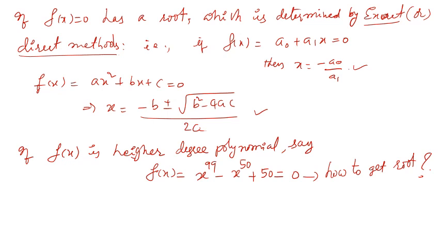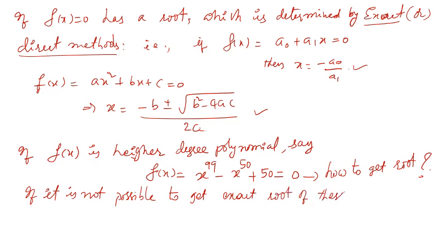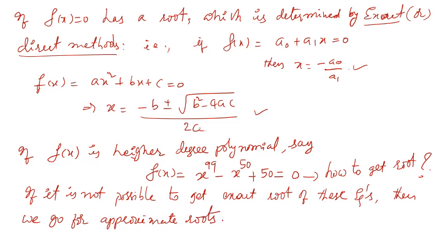But if it is a complicated, higher order equation, third order, fourth order, fifth order, 99th, 100th order, it is not possible to get the exact root of this equation. If it is not possible to get exact roots of these higher degree equations, then we go for approximate roots. This is in the case of higher degree polynomials.